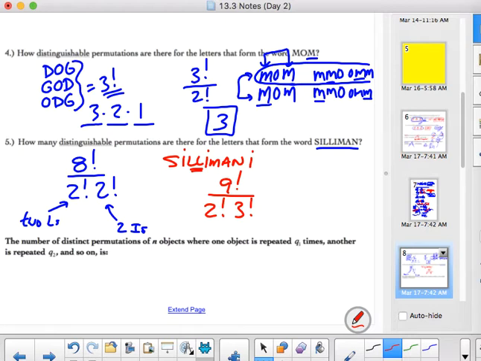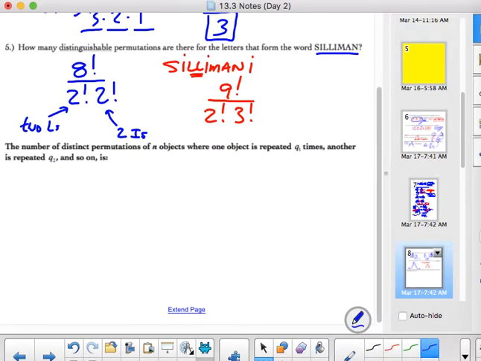Okay, and essentially what that does is allow us to generalize to this formula: the number of distinct permutations of n objects where one object is repeated q1 times, another one is repeated q2 times, and so on.